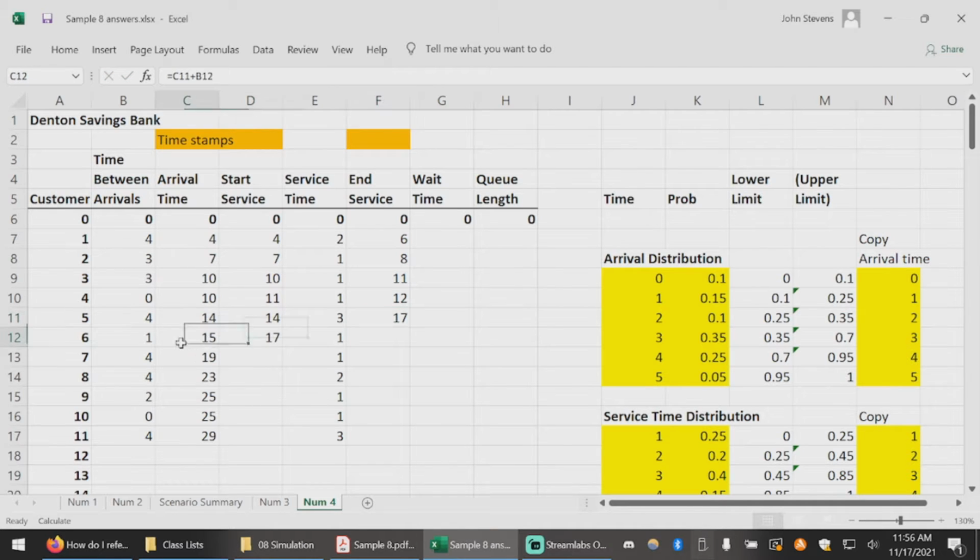The larger of these two numbers. So it seems like this one has to be the maximum of this number and this number. Then they'll take 18. They'll finish at 18. Next one starts at 19.